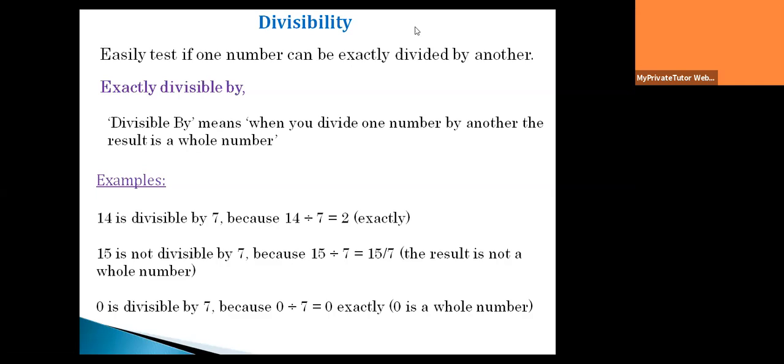Divisibility is nothing but checking whether that number is divisible by the other number or not. For example, is 483 divisible by 3? Without dividing the number, we are just trying to find whether it is divisible or not.